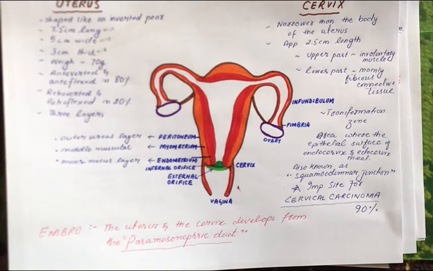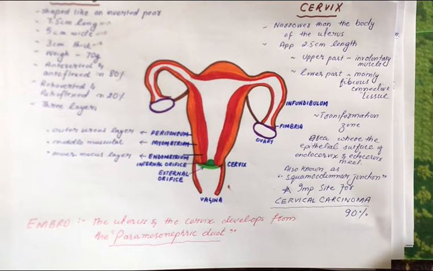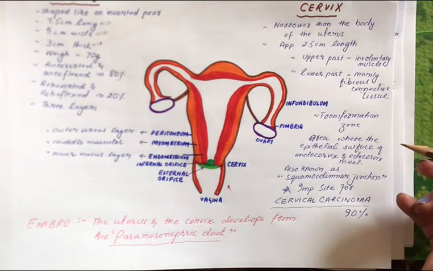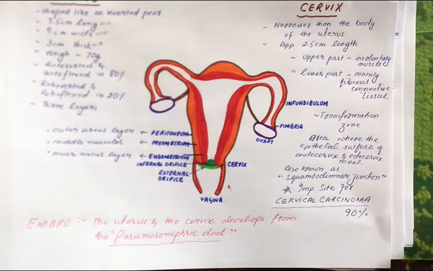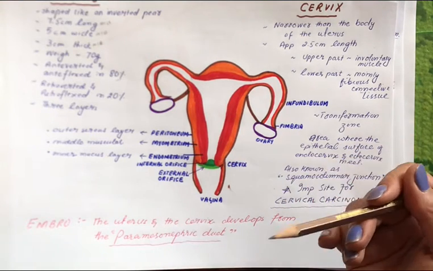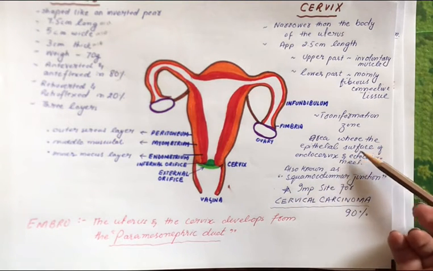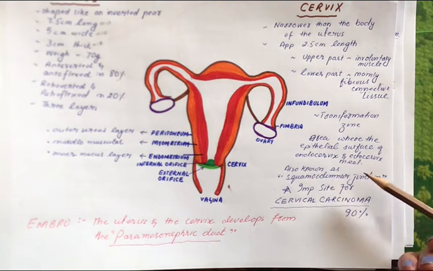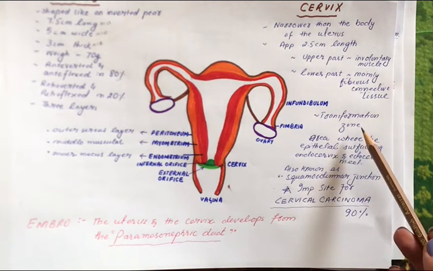And in the cervix, you should remember that the most important point, the frequently asked MCQ, is about the transformation zone. Transformation zone is the area where the two epithelial surfaces of the endocervix and the ectocervix meet, also known as squamocolumnar junction.